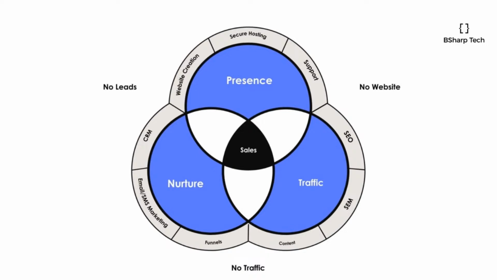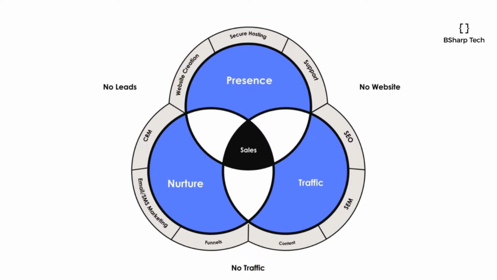But there's a third aspect. You can build a website and you can have traffic to it, but then you need to actually do something with the traffic. So we've got this side of our business called Nurture, and this is about nurturing the visitors that come to your website. A lot of people that come to your website will just come and go. They'll bounce.